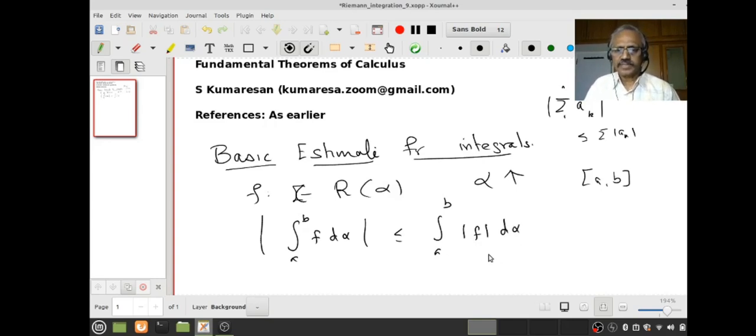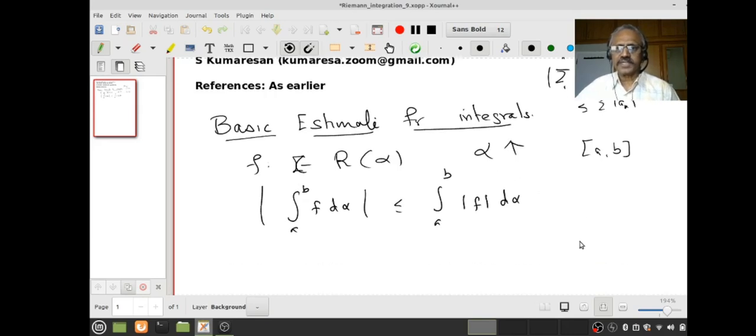But before I say this, there is something technical which I have to make sure. This right side should make sense. But we know that if f is in R of alpha, mod f is also in R of alpha, and hence the integral from a to b of mod f d alpha makes sense. That's also a real number. And again by the monotonicity result, we know that it is non-negative.